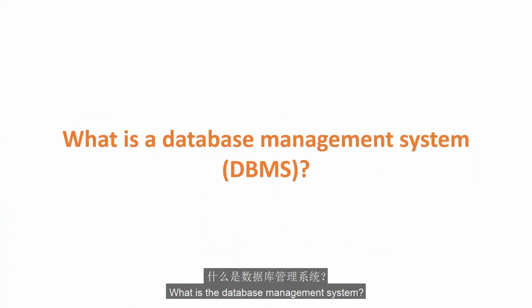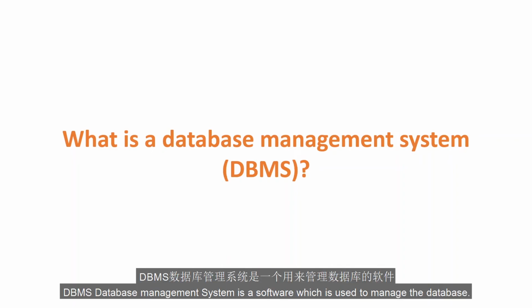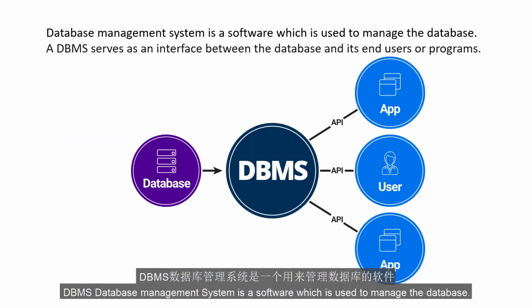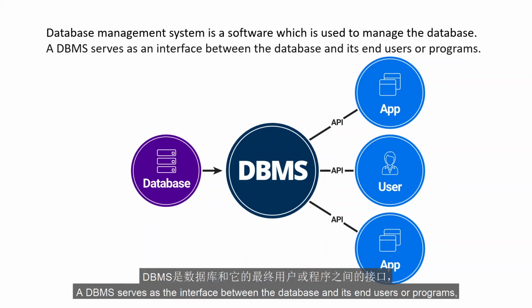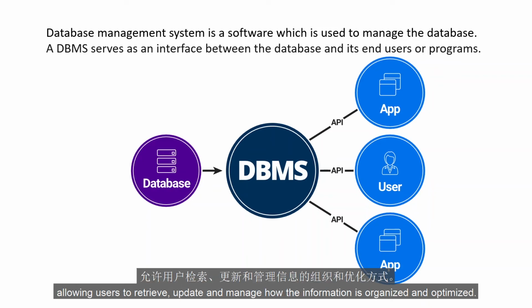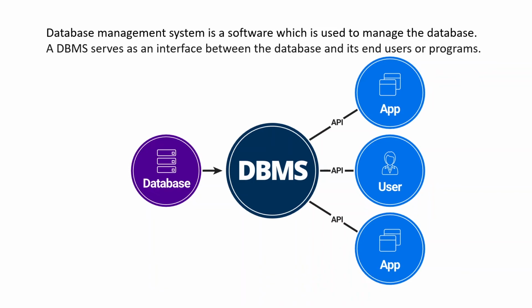What is a database management system? DBMS. A database management system is software which is used to manage the database. A DBMS serves as the interface between the database and its end users or programs, allowing users to retrieve, update, and manage how the information is organized and optimized.